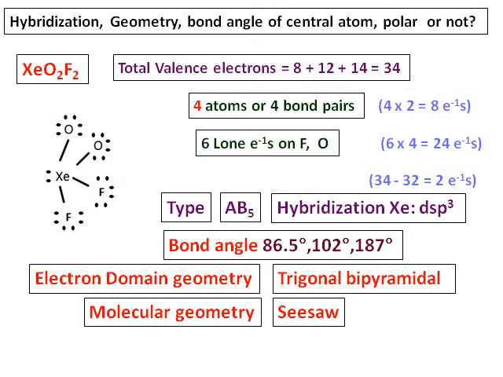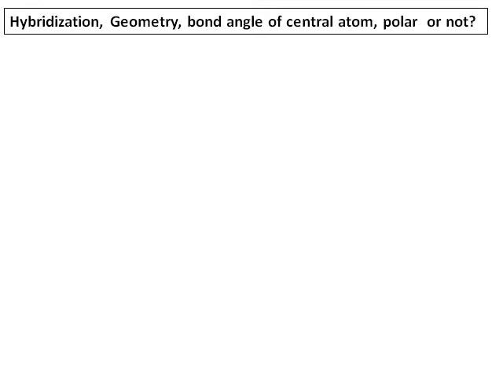Molecular geometry is seesaw because 1 lone pair, 4 bonds, and the molecule will be polar. It has a lone pair and all the surrounding atoms are not the same, hence the molecule will be polar.